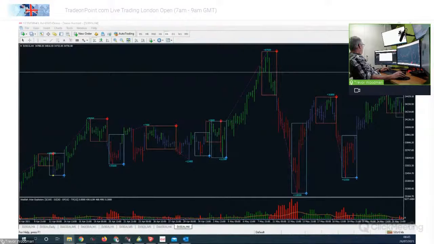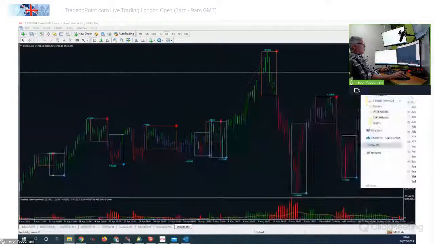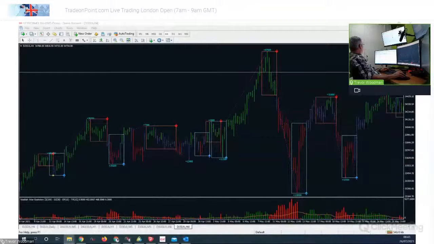Account full indicators. Okay. My computer's a bit slow. Okay, there we go.